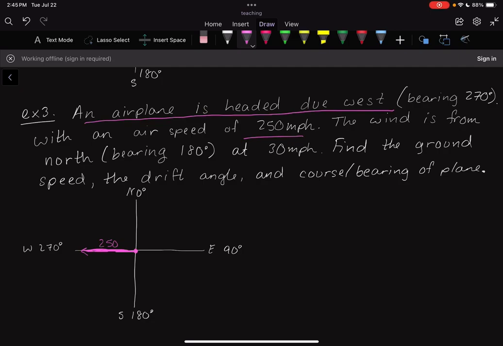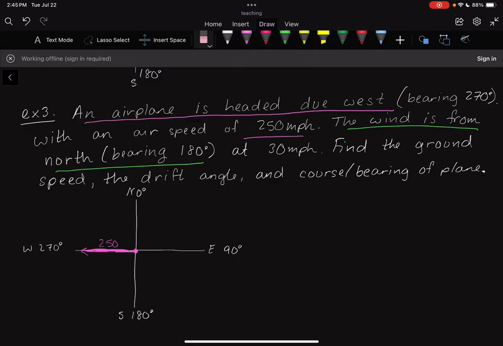Then we want to look at the wind. So the wind is from the north and it's bearing 180 degrees. So the wind, technically, you can draw it wherever you want. You can draw it all the way starting up here if you want and draw it down.